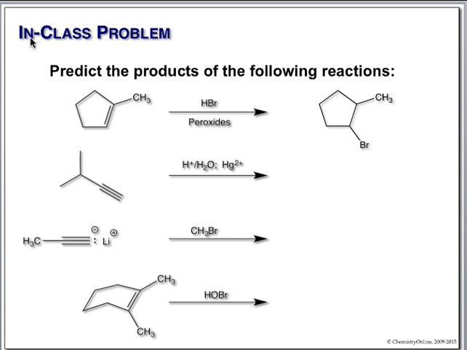Once we form the enol, that will tautomerize to make a carbonyl at this carbon. So we have a methyl group here and a carbonyl. The product simply looks like this. Again, the logic you want to get through your head is that this is simple hydration. The oxygen is going to bond to the Markovnikov carbon and then rearrange to the carbonyl.